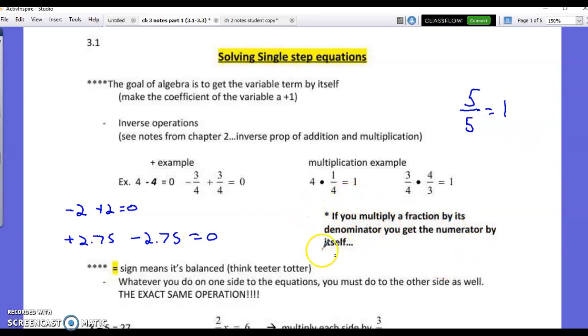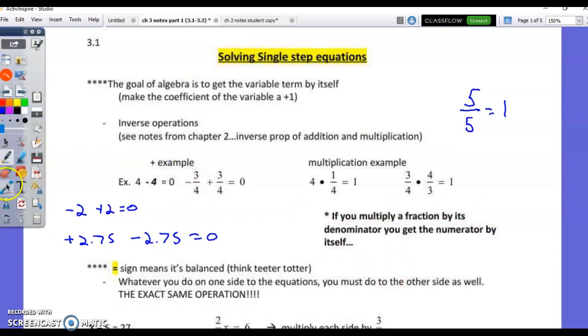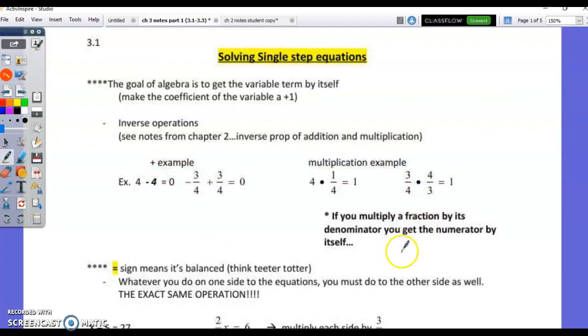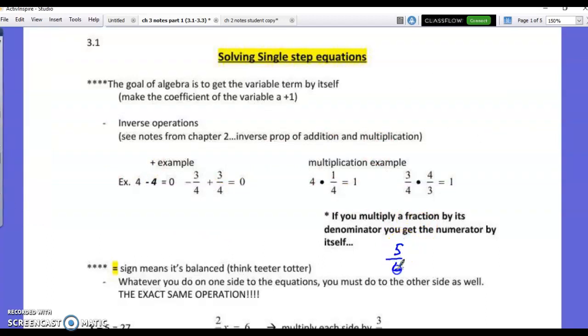I'm going to show you a way, because I think it makes life easier. If you multiply a fraction by its denominator, you get the numerator by itself. This is what I mean by that. So if I have 5 over 6, if I multiply this by 6, that's going to equal just 5, right? Because 5 over 6 times 6 over 1, which is my 6, these would divide out, giving me 5 when I multiply across, 5 over 1, which just equals 5.